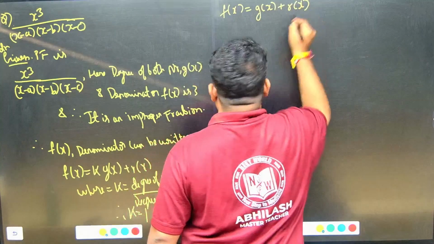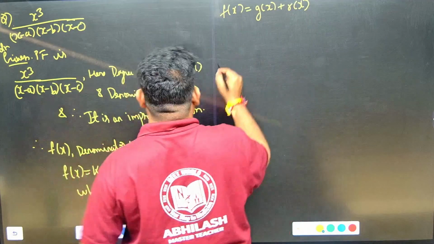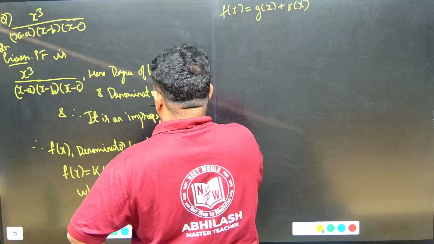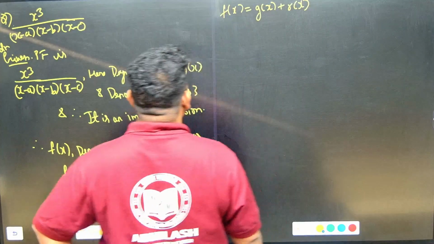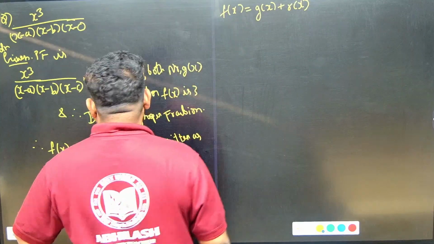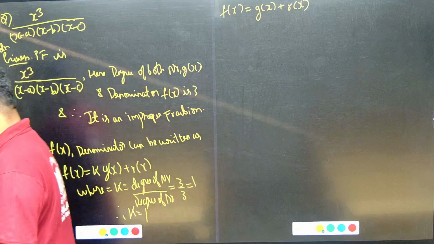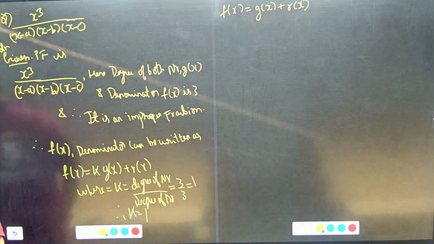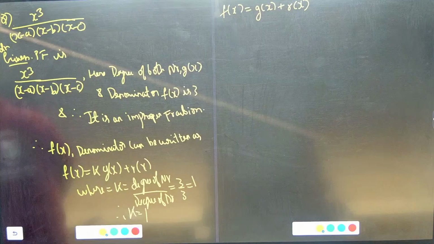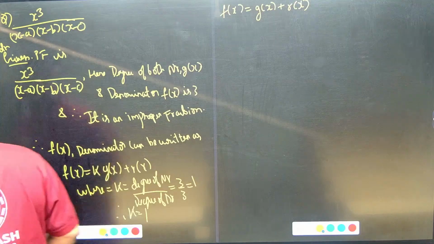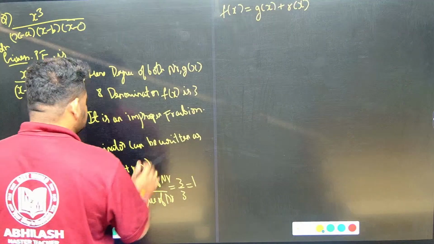Okay, f of x is what, dear friends? F of x is the denominator, x minus a. Actually, f of x should be the numerator.